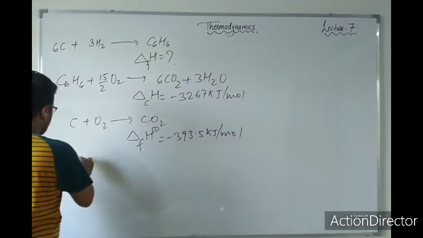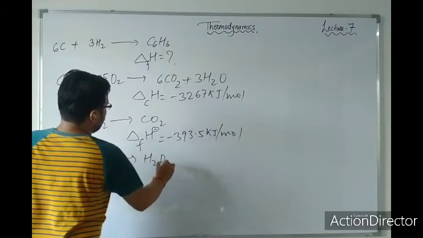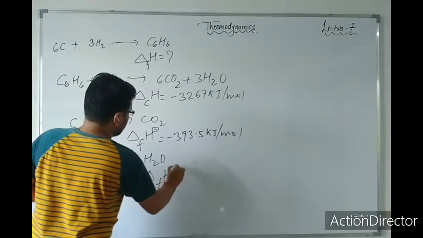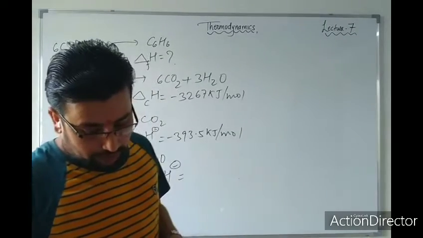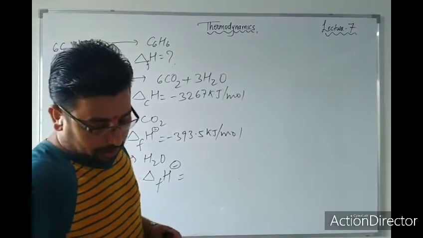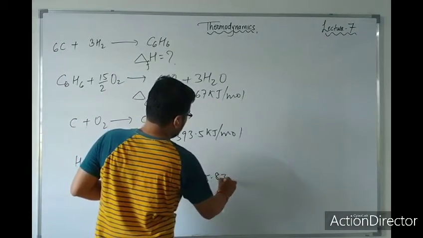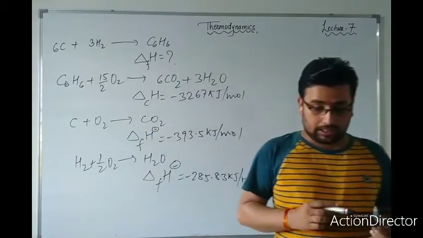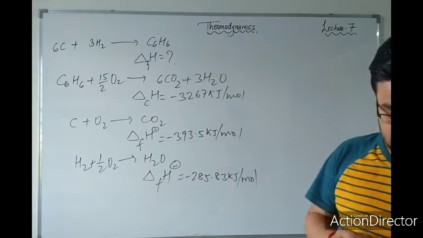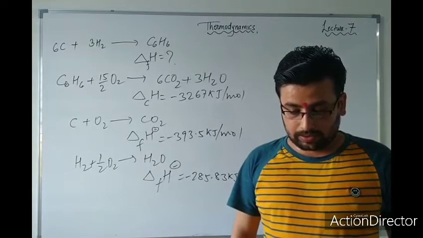And water, H2 plus half O2 gives H2O, and here also the standard enthalpy of formation is given, minus 285.83 kilojoule. So now you can see what things are given in the question and what things we have to take out from this.